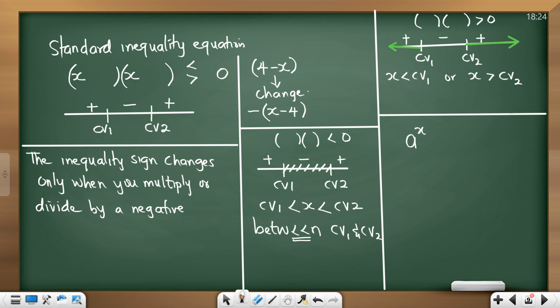And finally, a to the power x will always be greater than 0 as long as a is greater than 0. Examiners are going to try to trick you on this particular one, and I will show you what I mean. A to the power x will be greater than 0 as long as a itself is greater than 0.